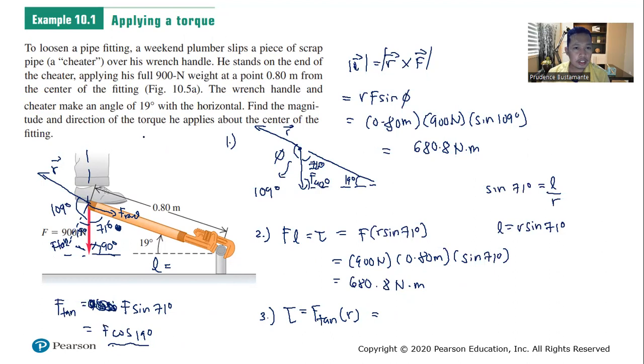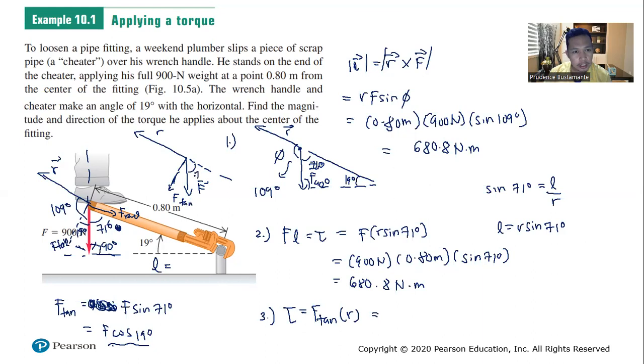Suppose this is the vector r, and this is the force F, and this is 90 degrees. So we have F tangential here.